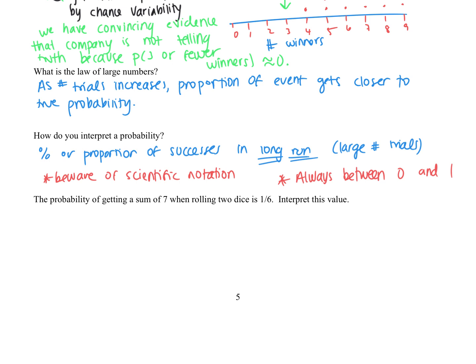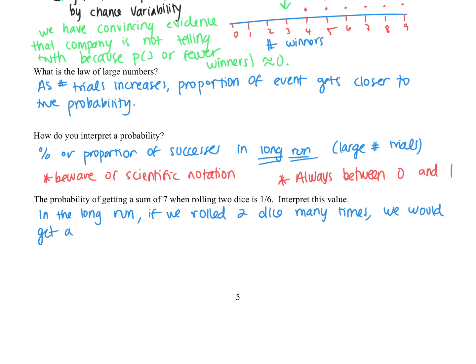So if we were to do this many, many times, in the long run, if we rolled 2 dice many times, we would get a sum of 7 about 1/6 of the time.